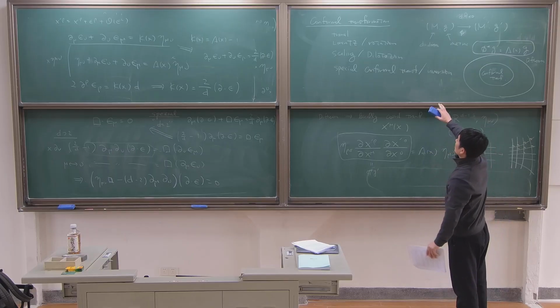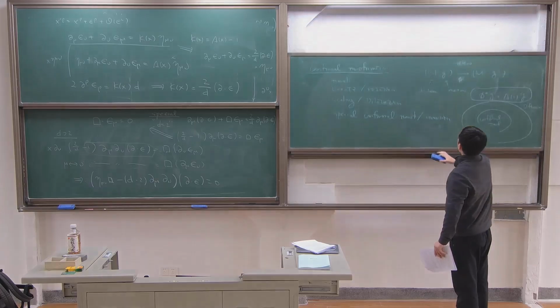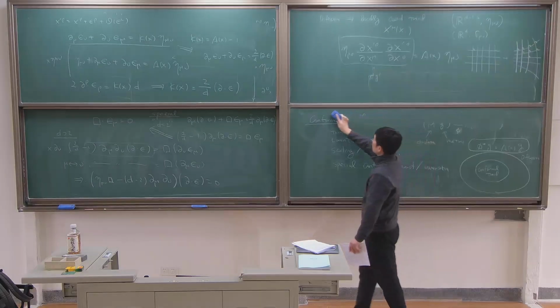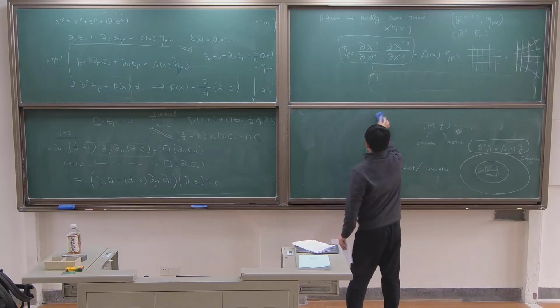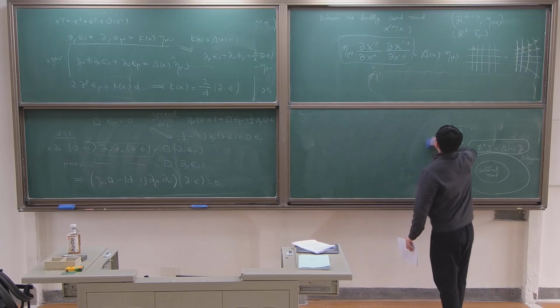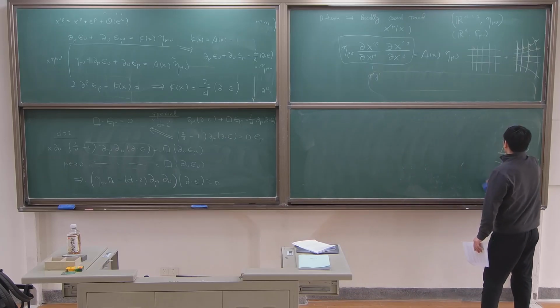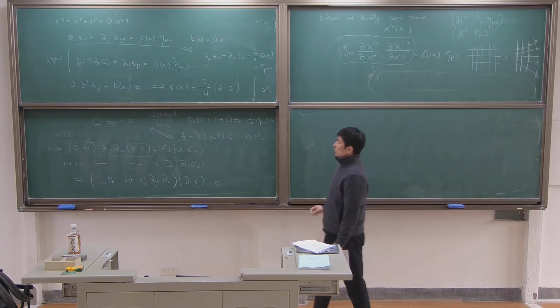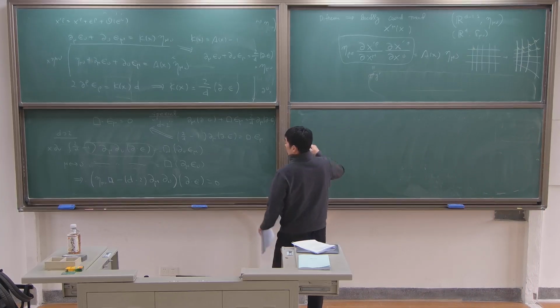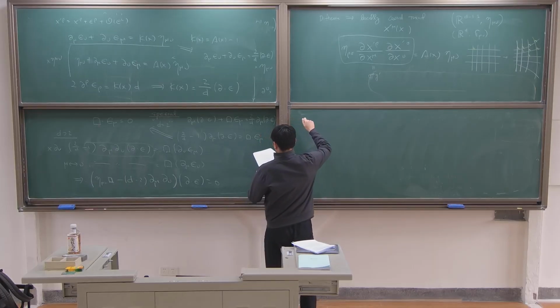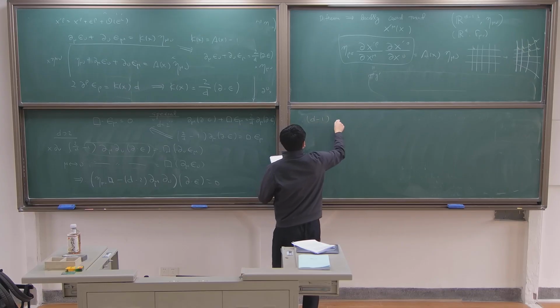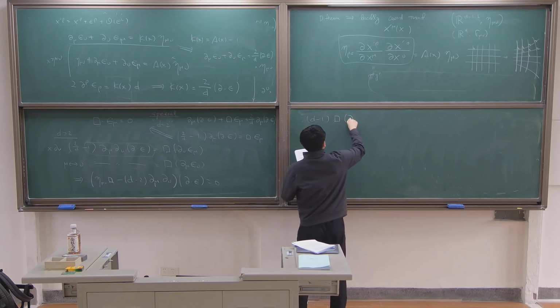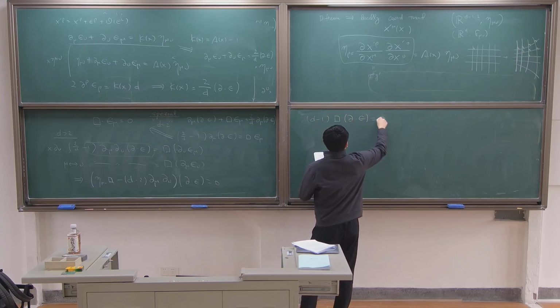And if you take a trace of indices, so if you take eta mu nu, what you get is as follows: d minus 1 acts on Laplacian delta epsilon is equal to zero.